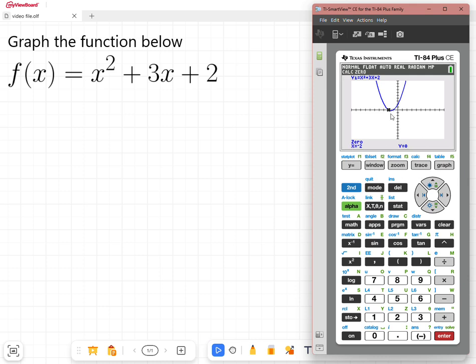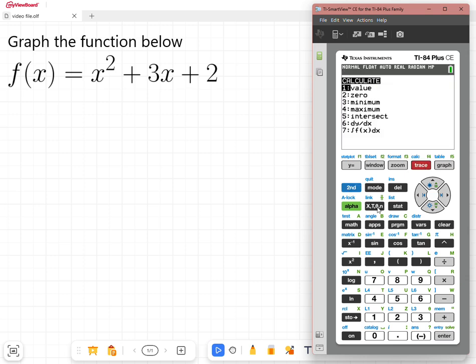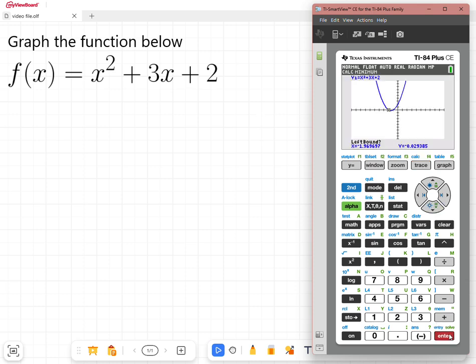In order to find the vertex, we're going to use a similar strategy. To find minimums and maximums, we go back to that calc menu, second trace. For our parabola, because it's a happy face parabola, we know we have a minimum. And just like with our zeros, it's asking us for a left boundary for our search area and a right boundary.